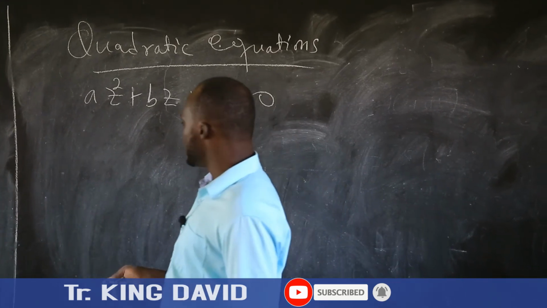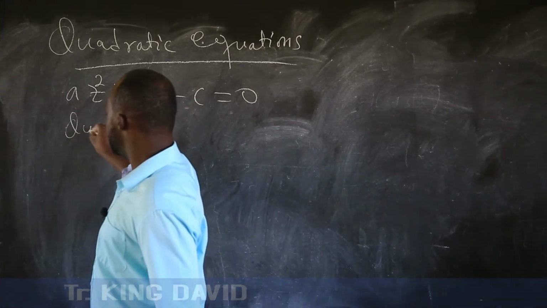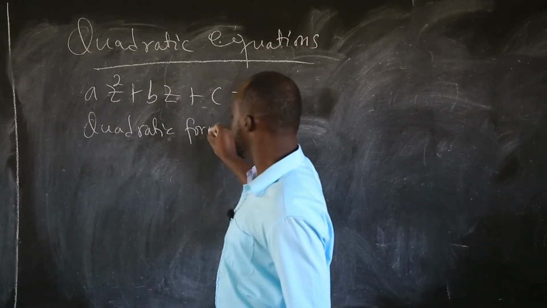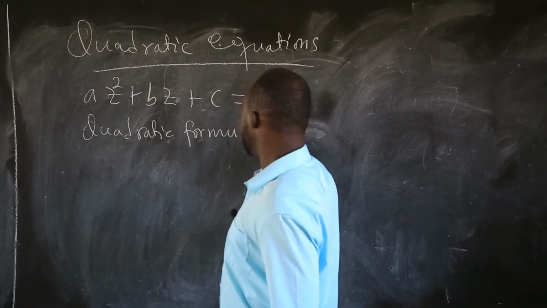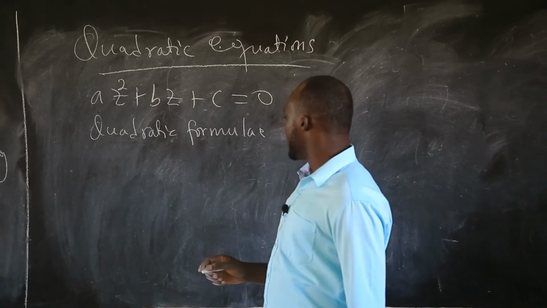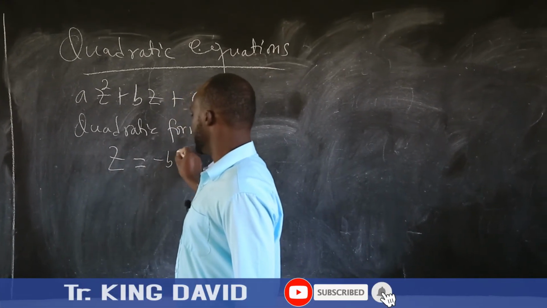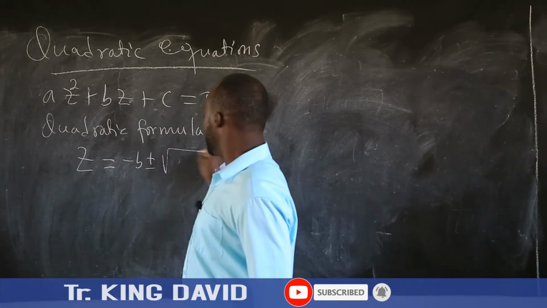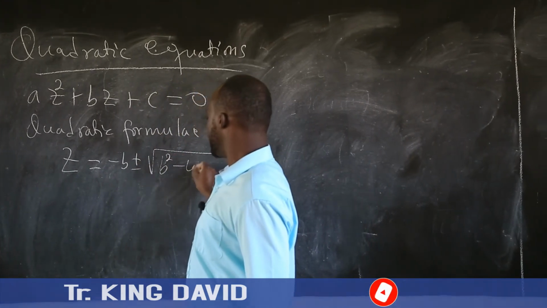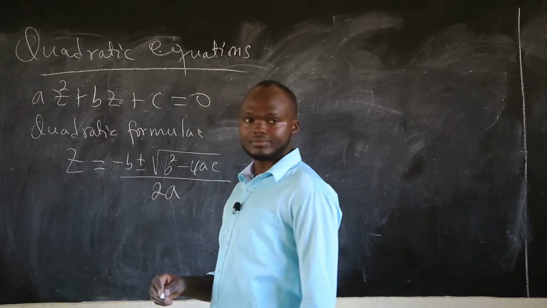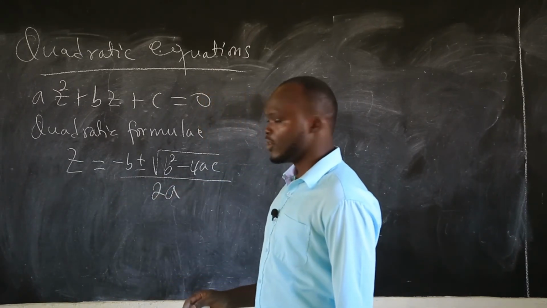We can use the quadratic formula to solve that. The quadratic formula is z equal to negative b plus or minus square root of b squared minus 4ac, divided by 2a. So this is the quadratic formula.